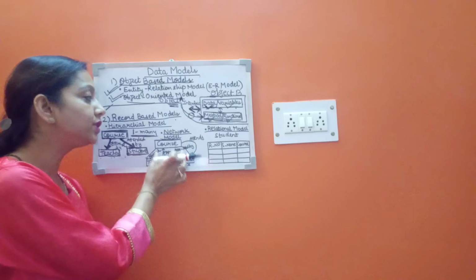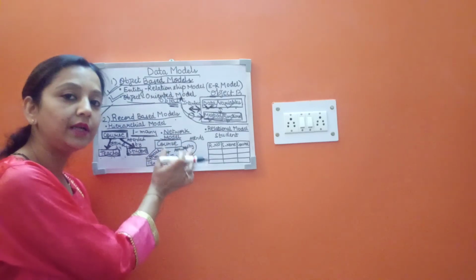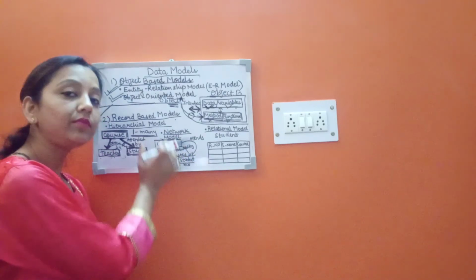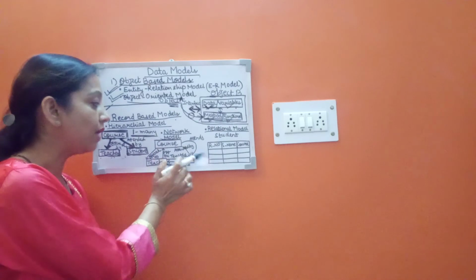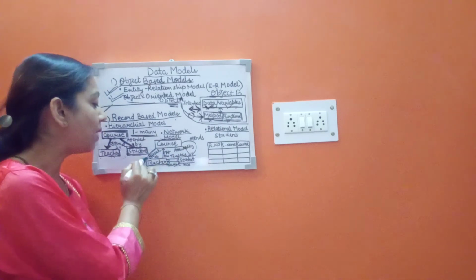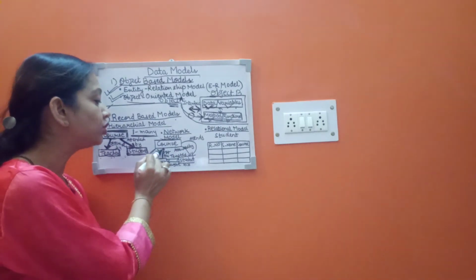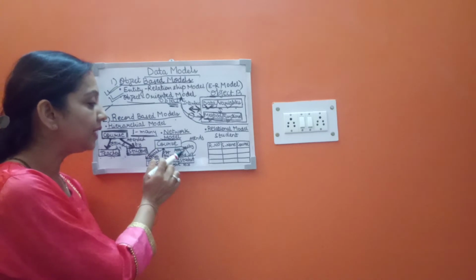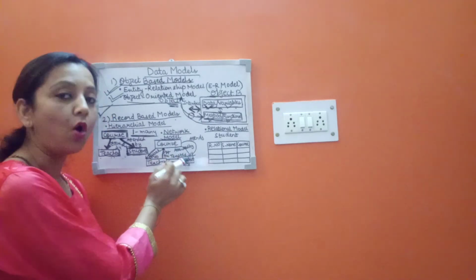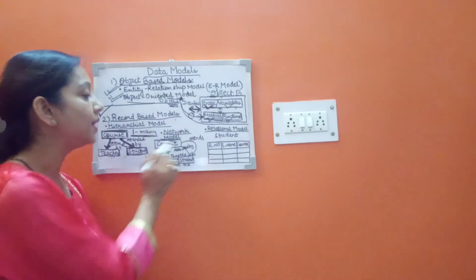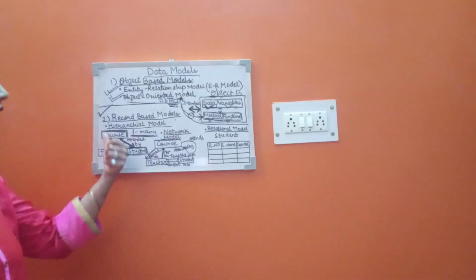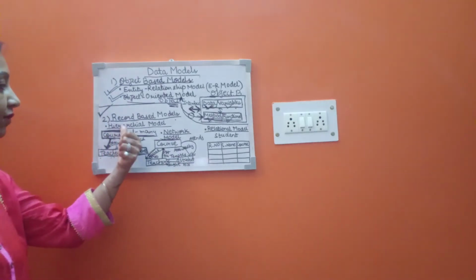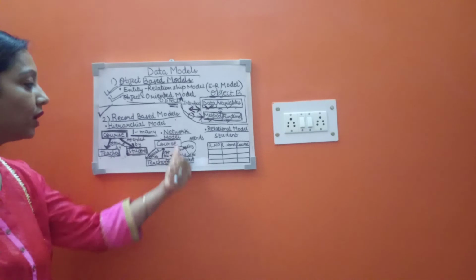That is, the data will be represented as records but as an arbitrary graph, and the relationship among those nodes or those records will be represented as these links, or we can also view them as pointers. Now the limitation which we were facing in the hierarchical model is overcome here.